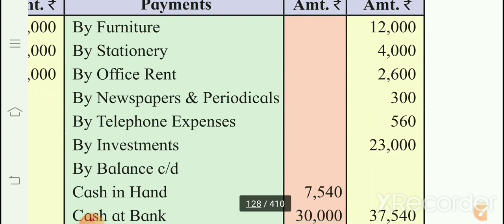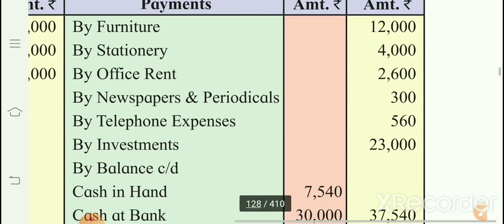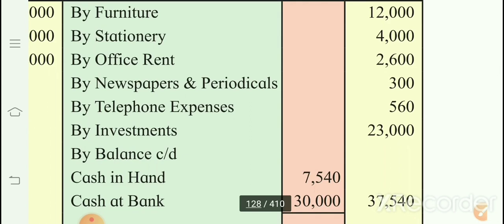By newspaper and periodicals, again it is the expenditure, hence will be recorded on debit side of income and expenditure account. Debit side of income and expenditure account shows the side of expenses. Credit side shows the side of incomes. Next, by telephone expenses, it will be recorded on expenditure side, that is on debit side of income and expenditure account by rupees 560.